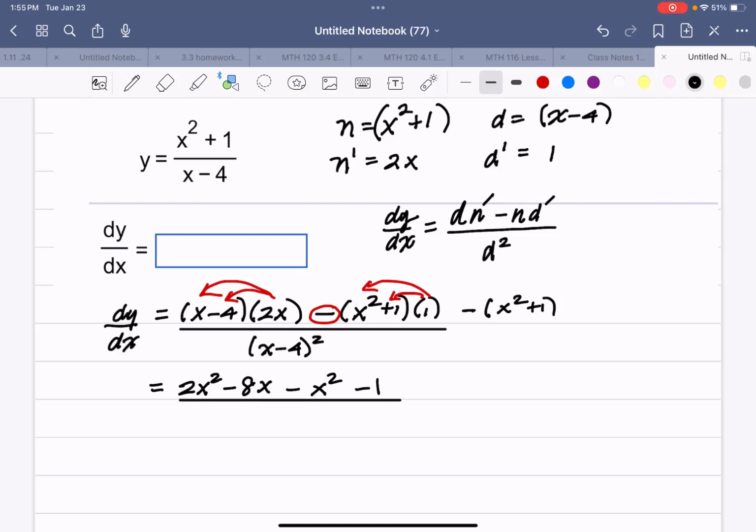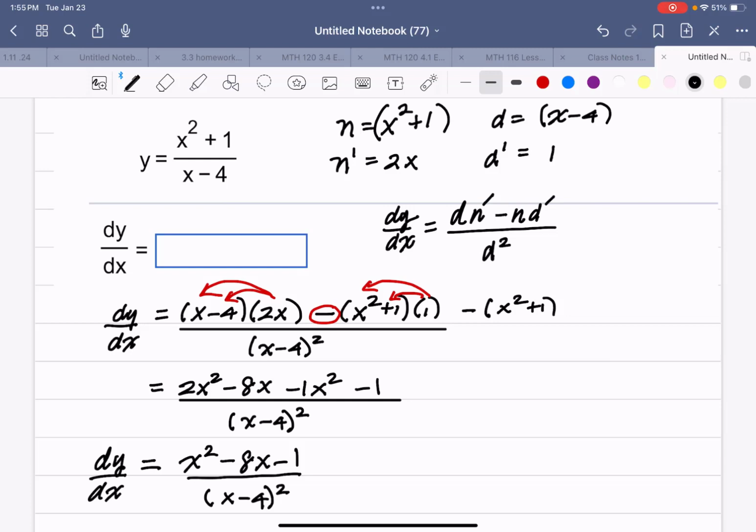All of that is over our x minus 4 quantity squared. So combining like terms, 2x squared minus 1x squared is 1x squared minus 8x minus 1. All of that is over x minus 4 squared. And that's our derivative of y with respect to x using our quotient rule.